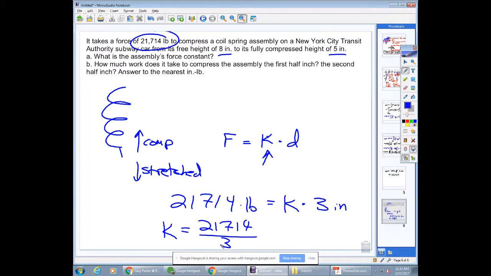Let's see, does 3 go into that? It does. 3 goes into 21 7 times. 3 goes into 7 twice. 3 goes into 11 3 times.